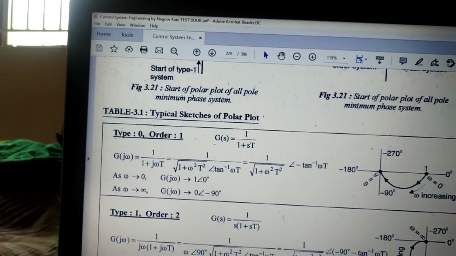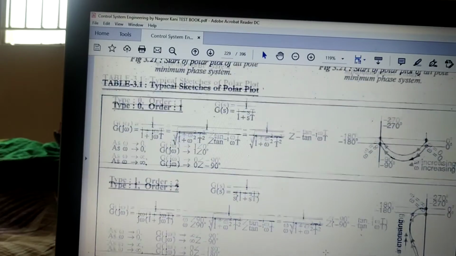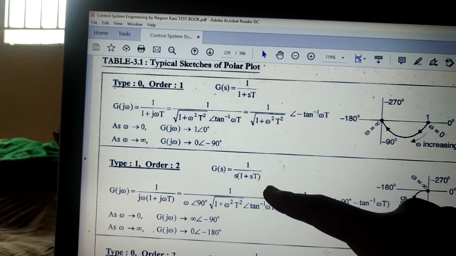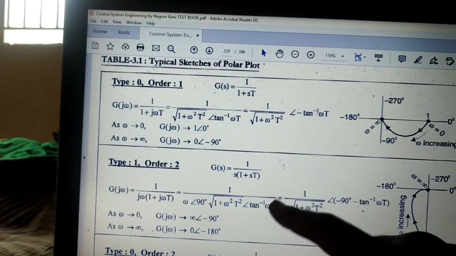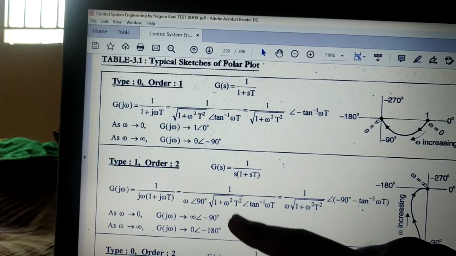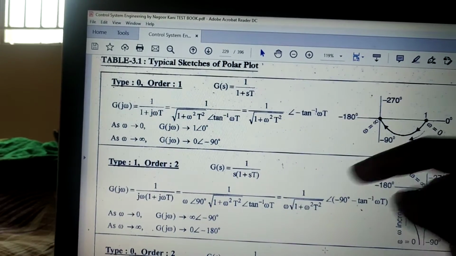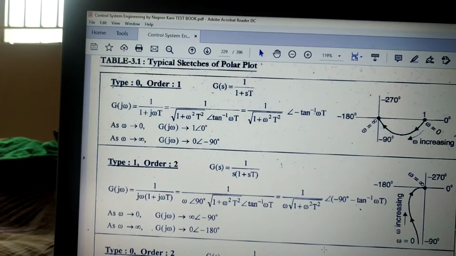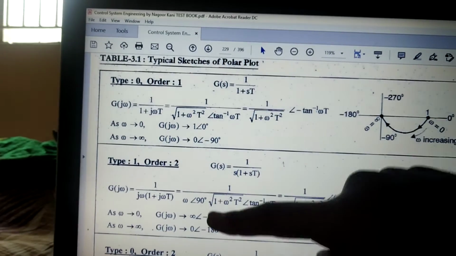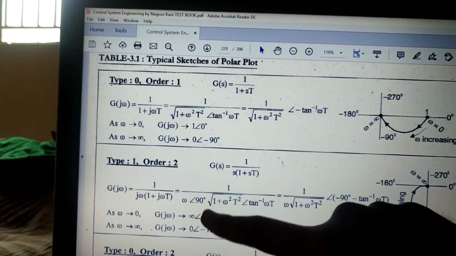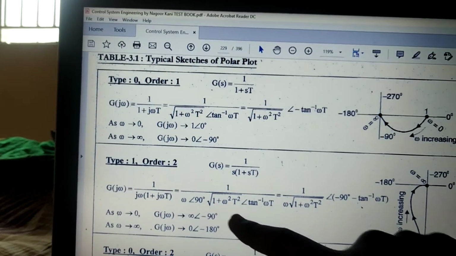Next we are going to see another example: G(s) = 1/(s(s + T)). Convert it by assigning s = j omega, and split it into magnitude and phase angle. So 1/j omega is 1/omega with angle of minus 90 degrees.